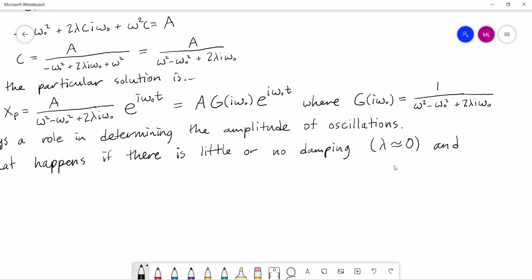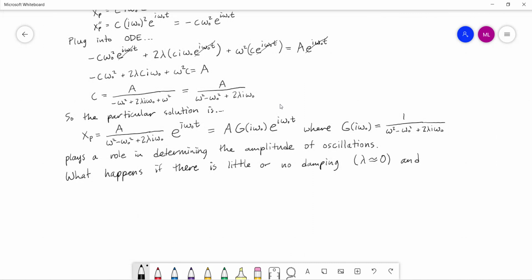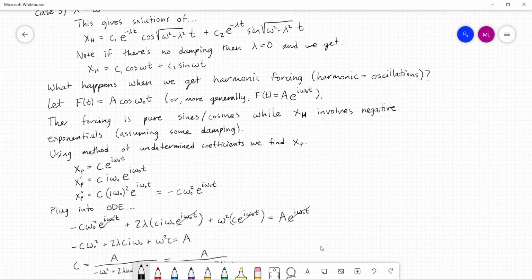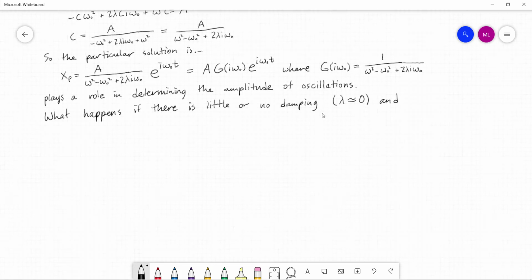And what if the frequency of the applied oscillations, remember the applied oscillations are occurring with a frequency of omega naught, and the natural oscillations of our system occur at a frequency of omega. What happens if those get close?